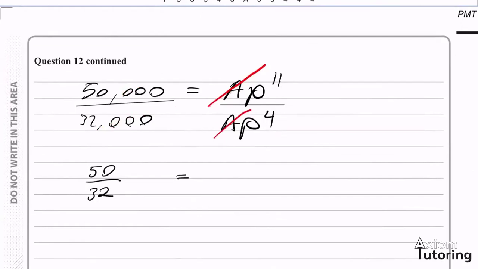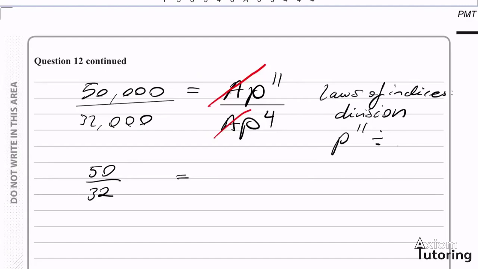And so what do we have remaining on the right-hand side? Well, P to the power of 11 divided by P to the power of 4. We're using our laws of indices, specifically the one that tells us how we divide two indices when the base numbers are the same. So we have P to the power of 11 divided by P to the power of 4. What does that equal?